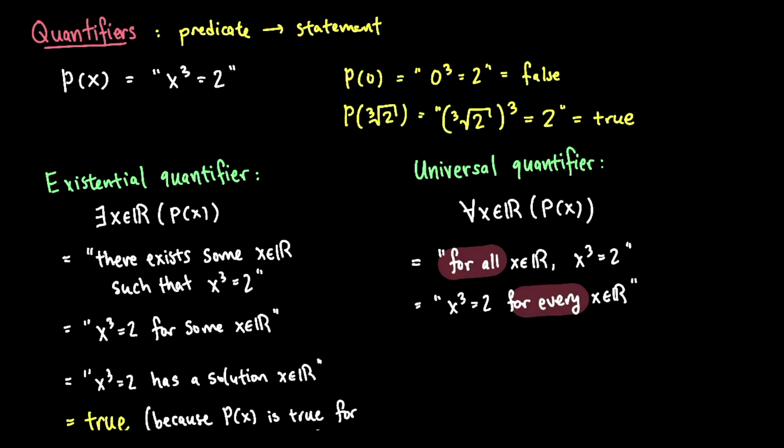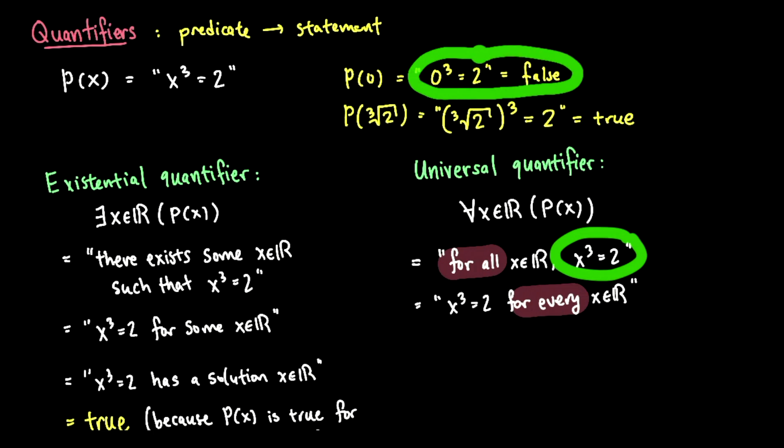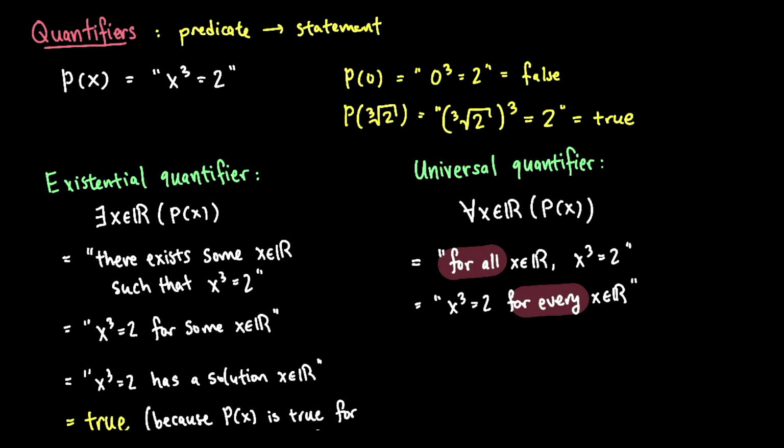Now clearly, it's not true that x cubed equals 2 for every real number. For example, if x is 0, then x cubed is not equal to 2. So here's an example where a universal statement is false. And the reason this is false is because p of x is false for at least one value, for some x, real number.